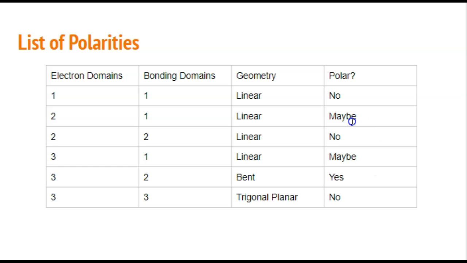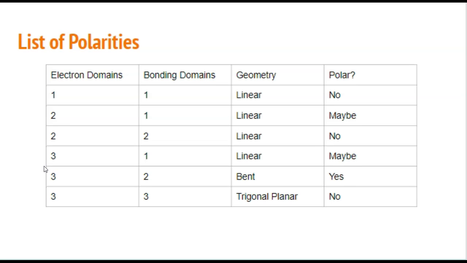Okay, we will address these maybes in a minute. You'll see that the maybes happen whenever you have 1 bonding domain and however many electron domains, and all the linears may be polar or not.